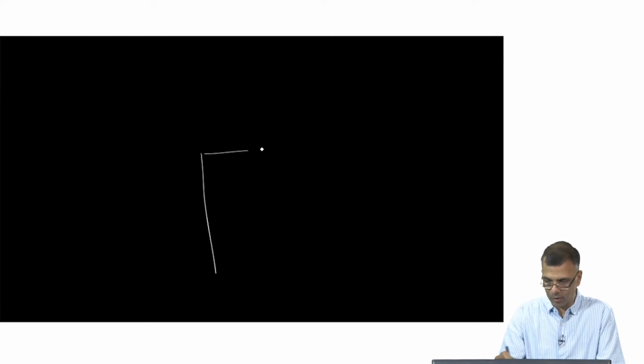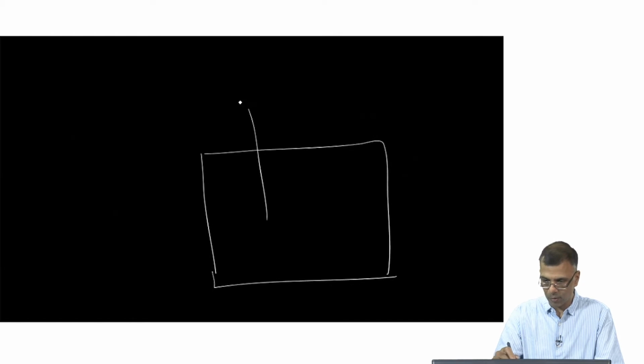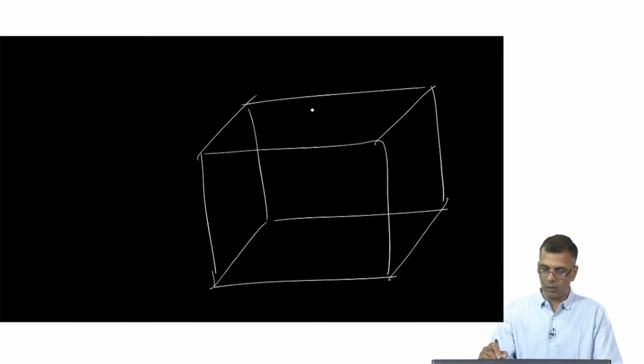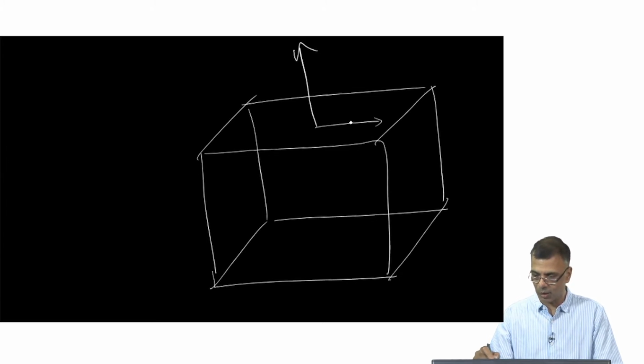I'm going to draw this a little better, like this. So, on a given face, you can have normal stresses. In other words, you can have a force per unit area in this direction as well as along the face, right?